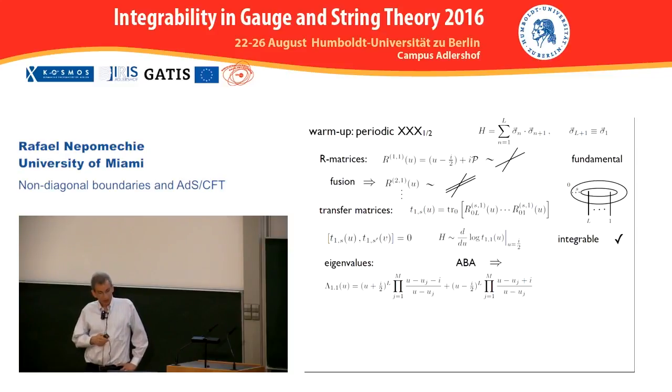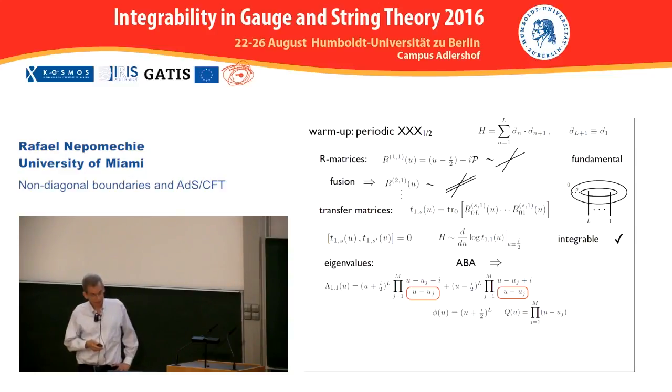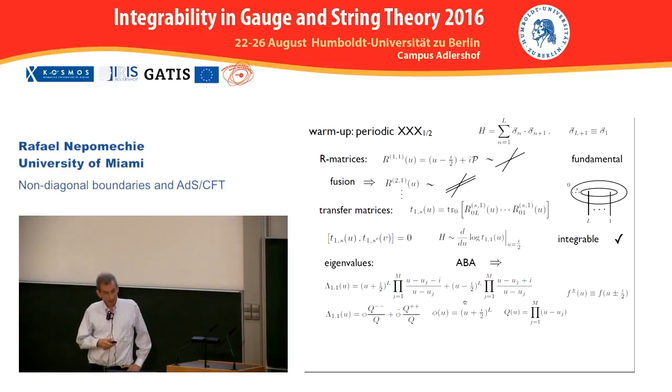So let's write it in a more compact form. This coefficient here, I'll denote by phi. And then this product that appears in the denominators, both here and here, will denote by Q, this famous Q function. And so then this long expression here for the eigenvalues takes on this simpler form.